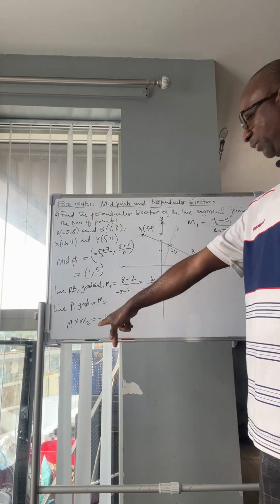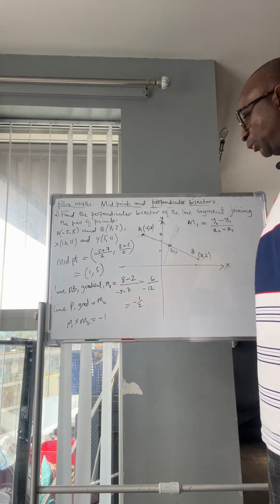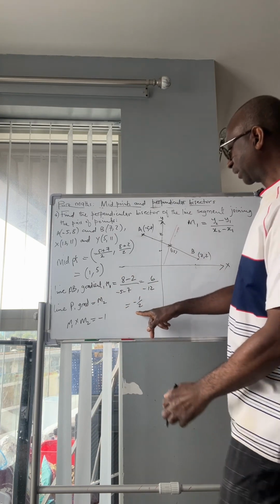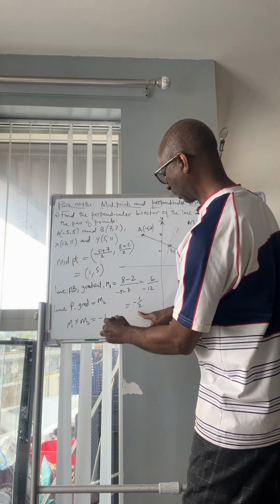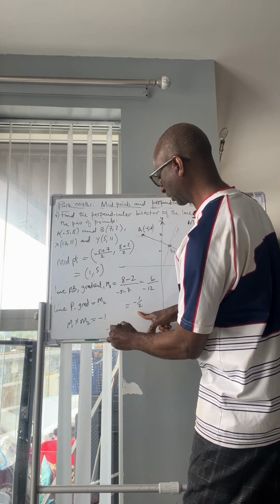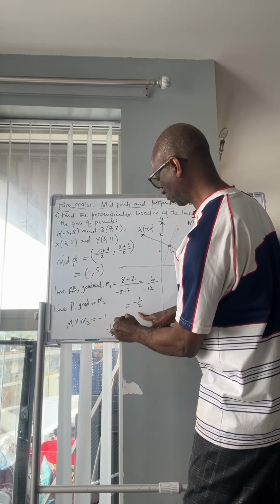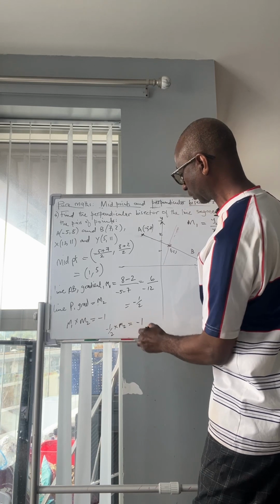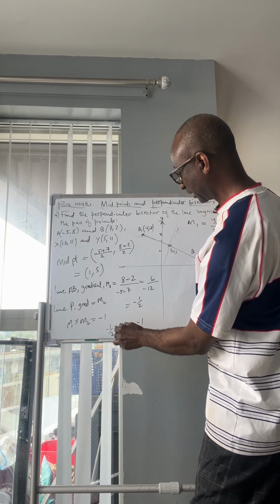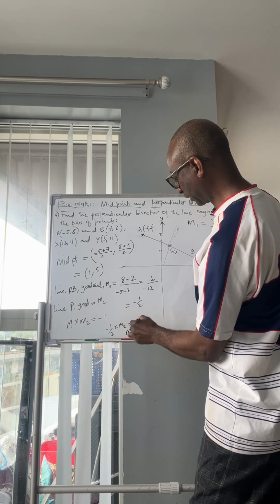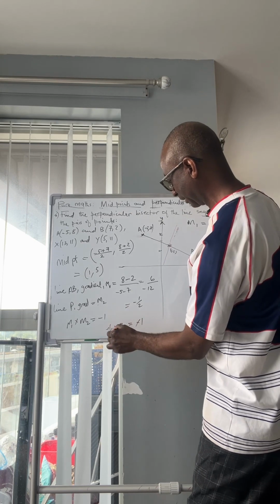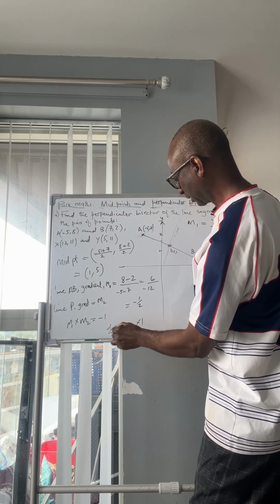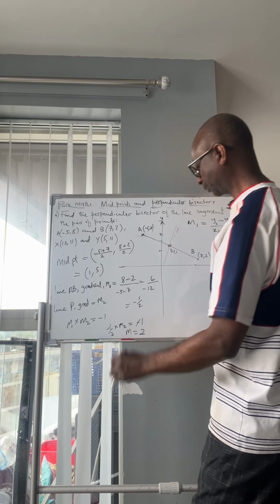The product of the gradients of two lines that are perpendicular to each other is minus 1. So M1 is minus 1/2, times M2, we don't know what M2 is, and we know their product is equal to minus 1, which means M2, the minuses will cancel. So M2 is equal to 2.